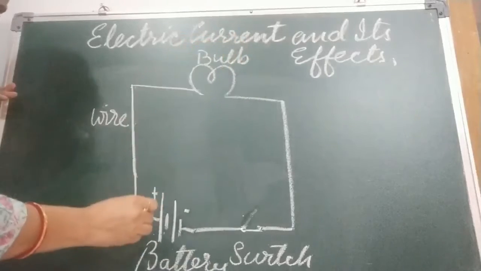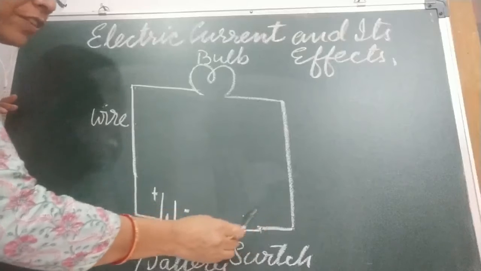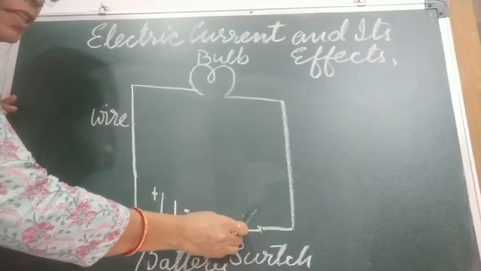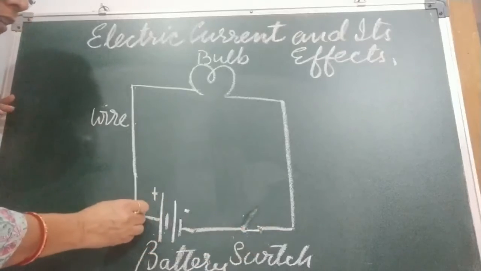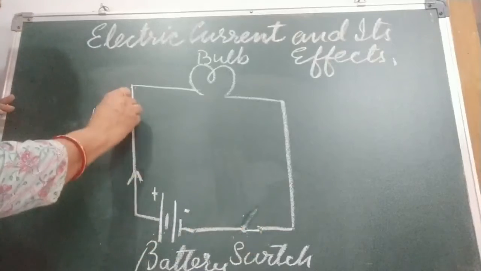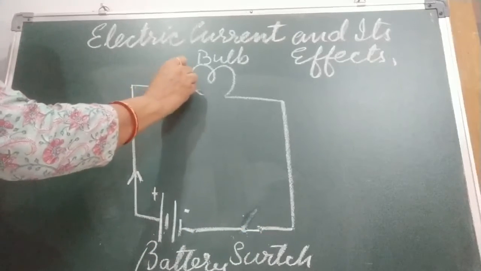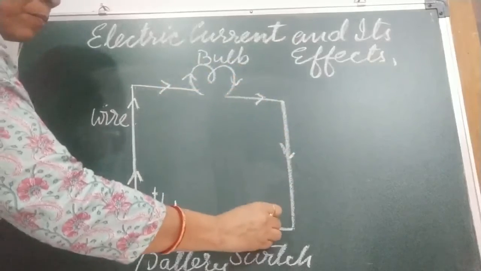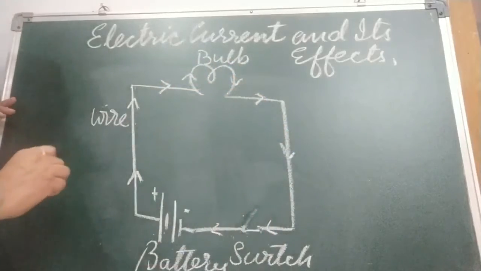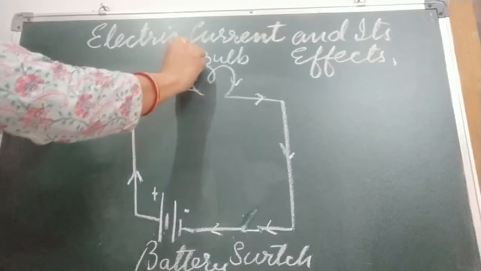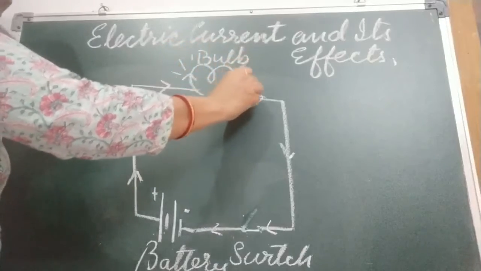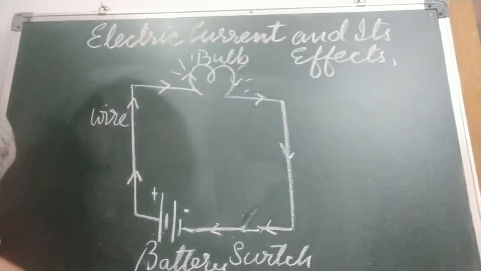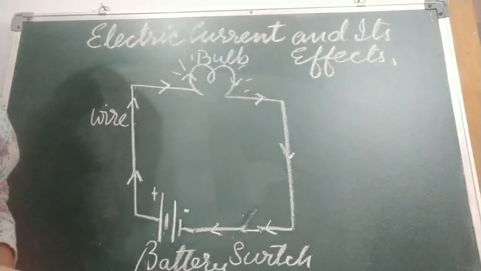If we want to glow the bulb, we will switch on this, means in this position, and the electric current will start flowing from plus to minus direction, and the bulb will start glowing. Okay. So this is your circuit diagram.